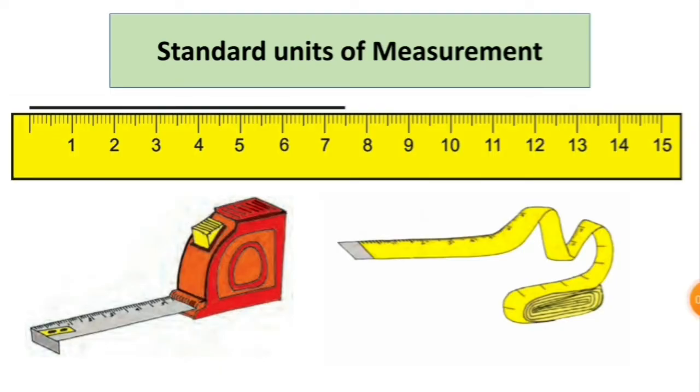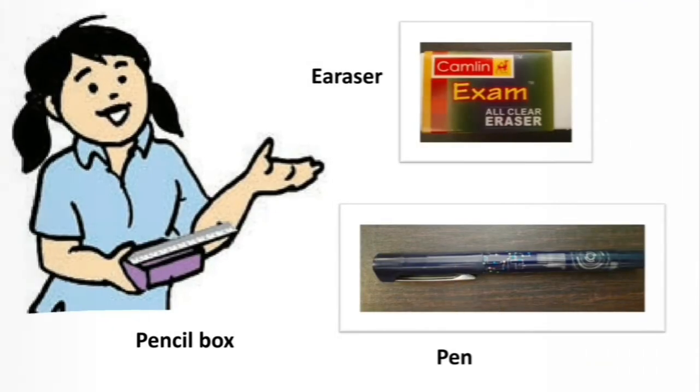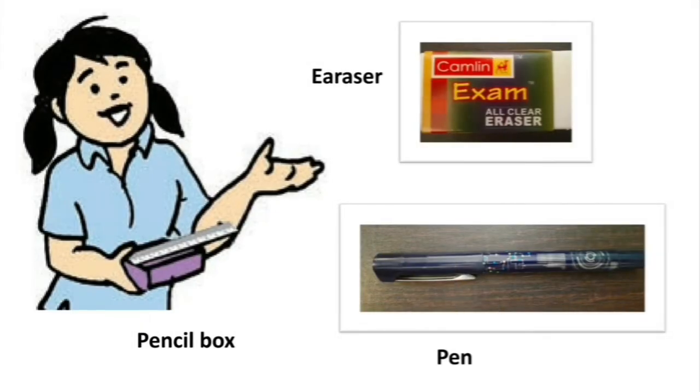Some standard measuring tools are the scale and measuring tape. We use different units of length to measure different lengths. For example, we measure the length of a pencil box, the length of an eraser, the length of a pen, etc.